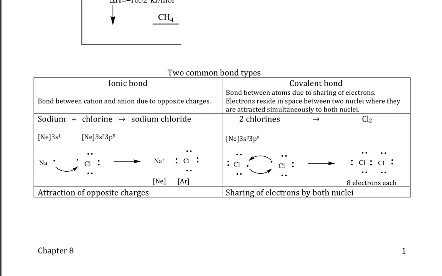So that makes 2, 4, 6, 8 for the chlorine on the left. Same deal for the chlorine on the right. It has access to 8 electrons. Its original 6 plus the 2 shared ones. And each has 8 electrons, and that is a kind of magic number that we will see again. That has to do with the octet rule.